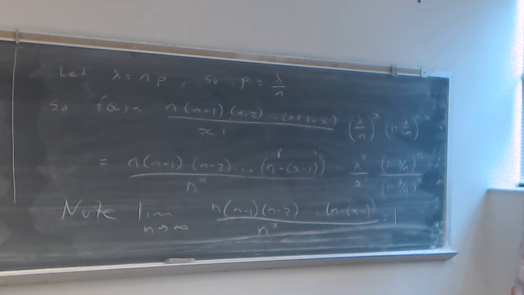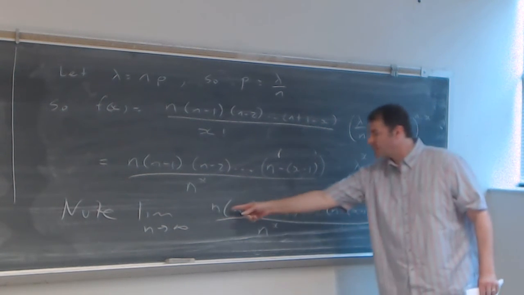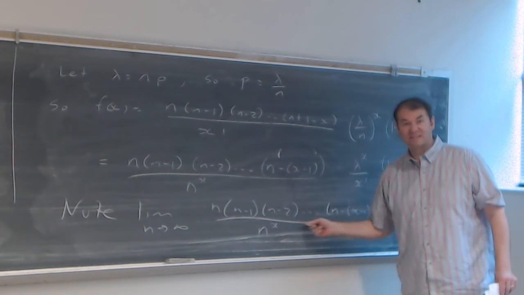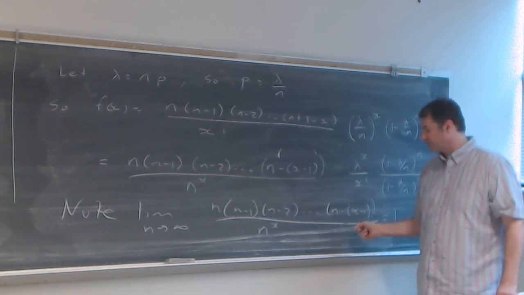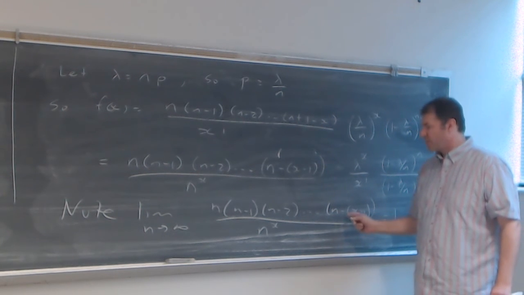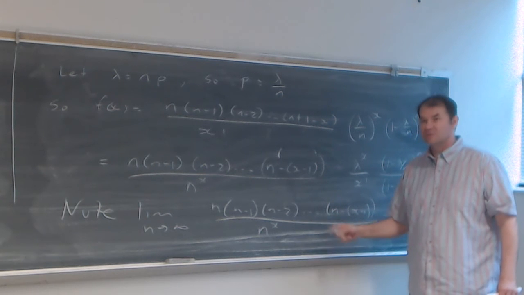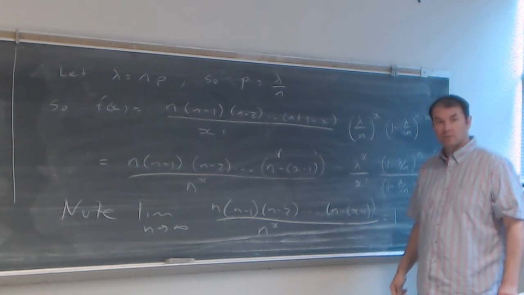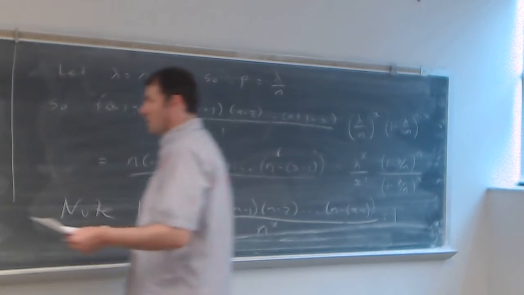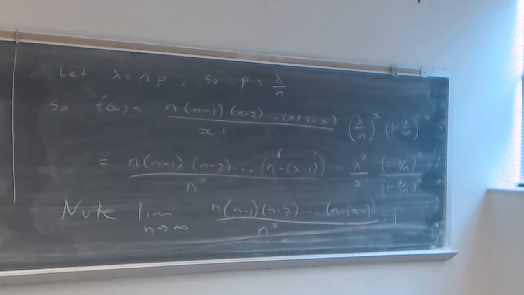What happens is that in the top you have exactly x number of terms, and they're over n times itself x number of times. And it turns out as n gets really big, x being fixed, that the fractions really stay close to 1.